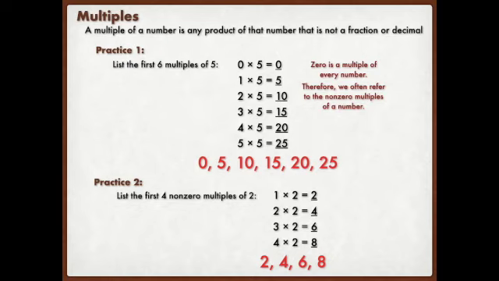Now remember, a factor goes into the number, while a multiple is multiplying that number by 0, 1, 2, 3, 4, 5, 6, 7. Okay, let's try another practice. This asks for the first 6 multiples of 10. So I'm multiplying the numbers by 10.